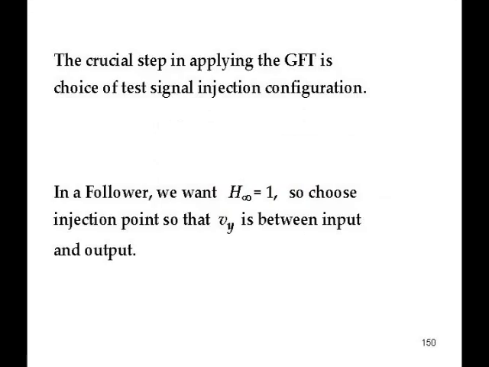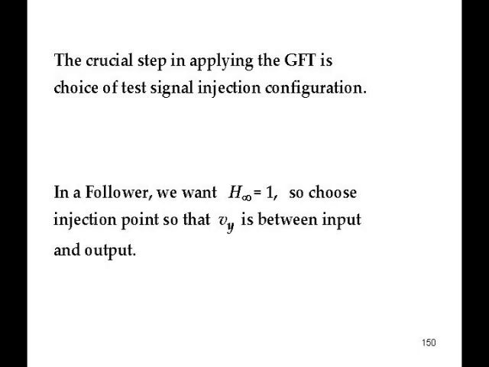The crucial step in applying the GFT is the choice of the test signaling configuration. So what do we do this time? The purpose of the Darlington follower is to give you a voltage gain of 1. So we want H infinity to be 1.